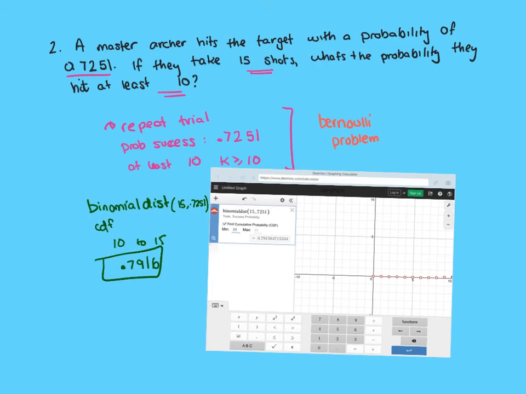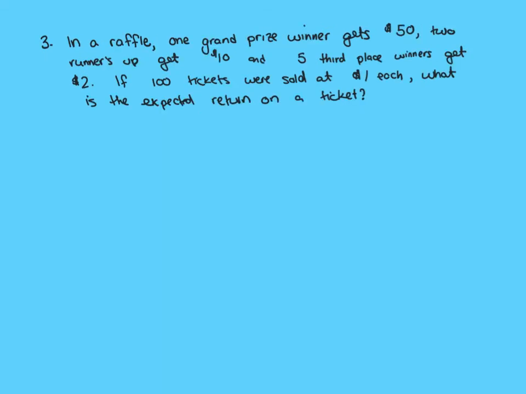All right. For our last question here, we have a raffle, and there's 1 grand prize winner. They get $50, 2 runners-up who get $10, and 5 third-place winners who get $2. And we want to know, if there's 100 tickets that were sold at $1 each, what the expected return on a ticket is.